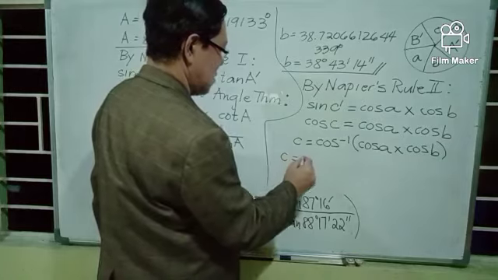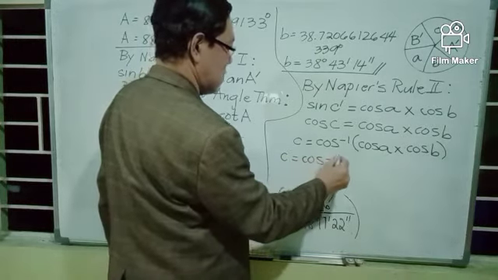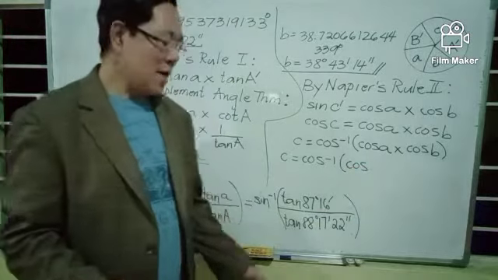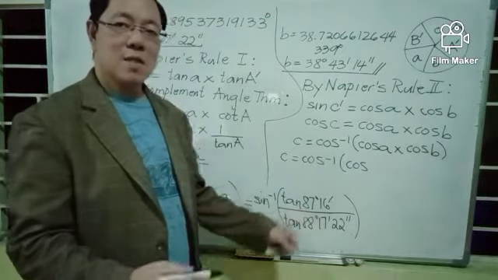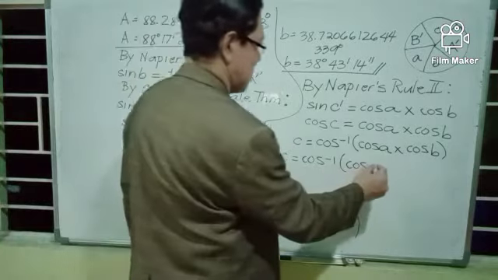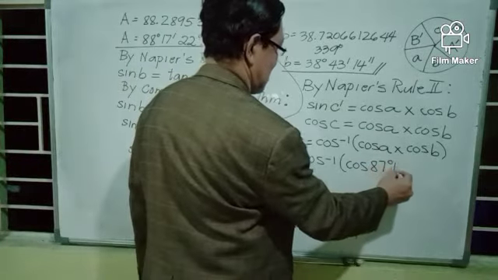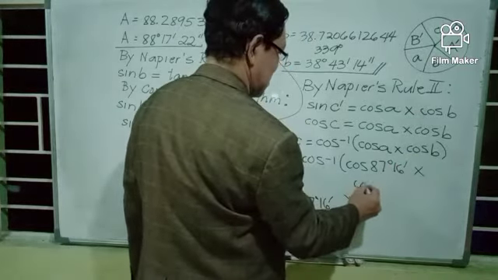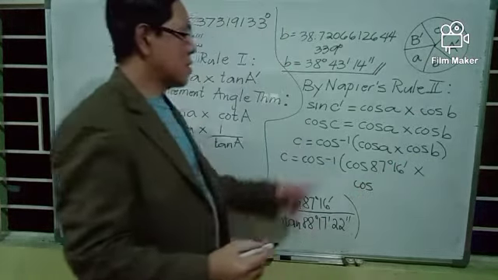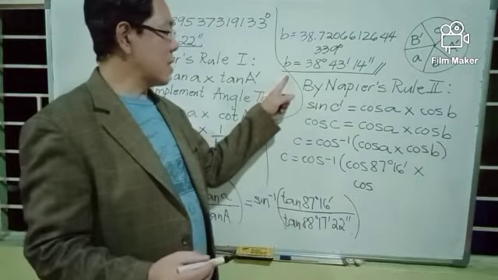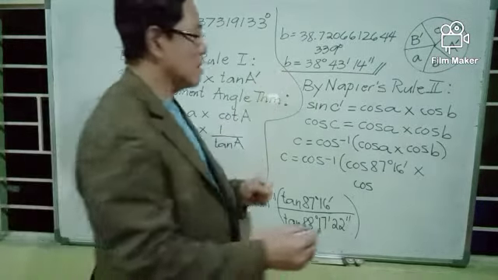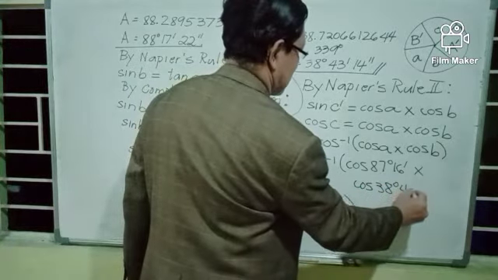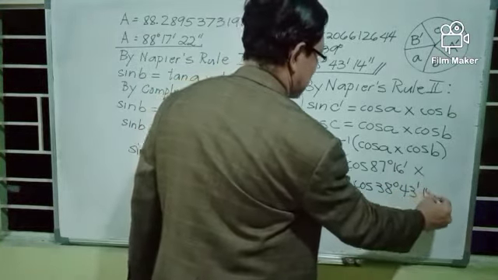Small c now equals shift cosine of cosine of small a, 87 degrees 16 minutes, that's given, multiplied by cosine of small b, which we found to be 38 degrees 43 minutes and 14 seconds.